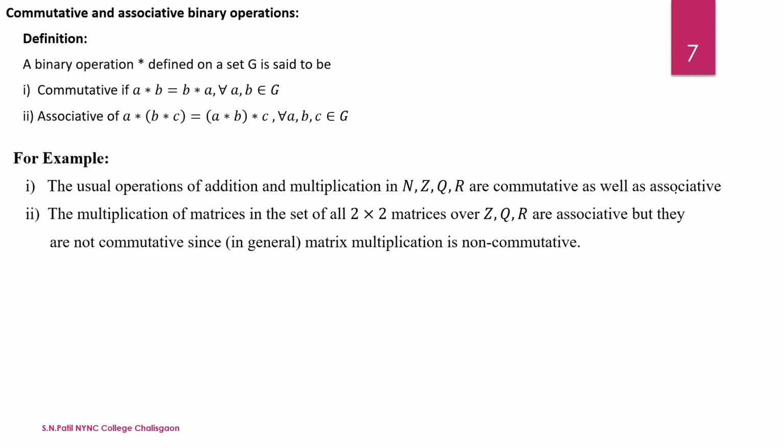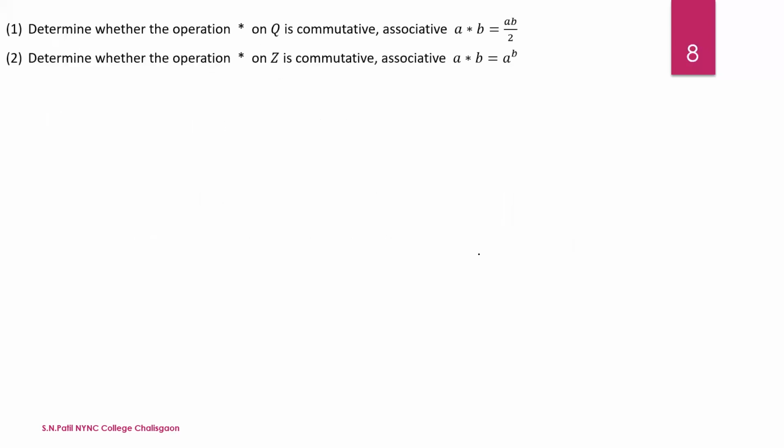Now the multiplication of matrices in the set of all 2 by 2 matrices over the integers, rationals and reals is associative, but not commutative. You already found out about matrix multiplication in the previous class, first year, and in 11th and 12th also it is non-commutative.